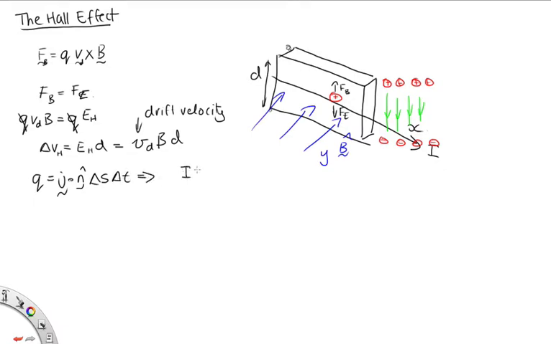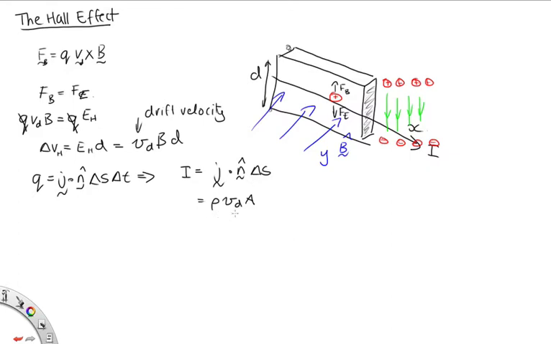So this tells us that the current is equal to J dot N delta S, where this is the area. We also saw that we can write J as the charge density times the drift velocity, and instead of writing delta S, we'll write the more normal A, the surface area. In this case, this would be the surface area through which the current is passing.